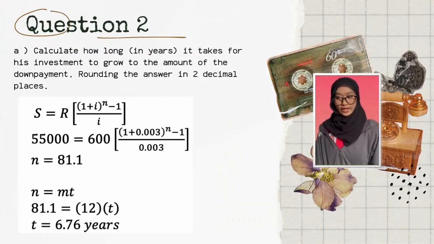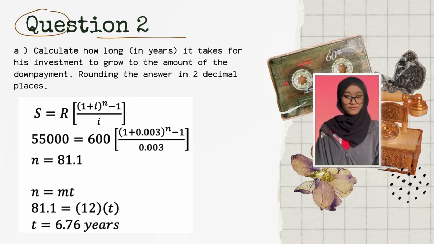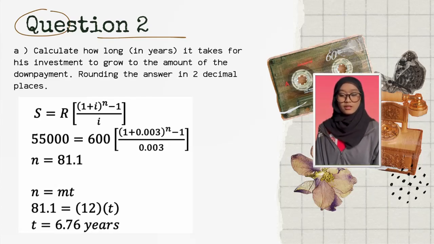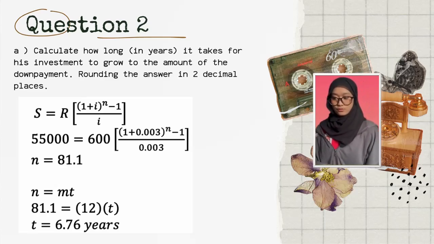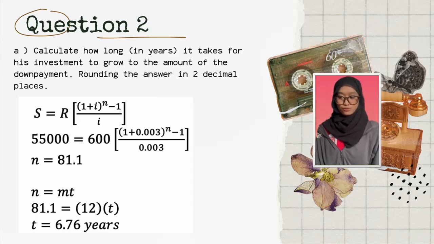Question 2A. Calculate how long in years it takes for his investment to grow to the amount of the down payment, rounding the answer to 2 decimal places. For this question, we use the formula S equals R times 1 plus i to the power of n minus 1 over i. 55,000 equals 600 times 1 plus 0.003 to the power of n minus 1 over 0.003.